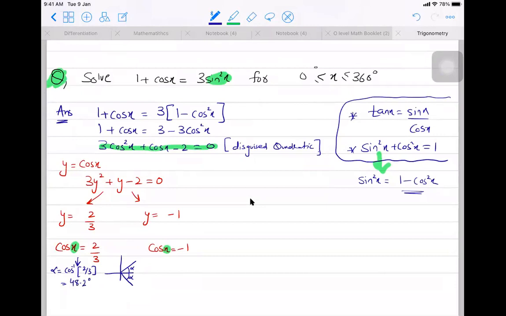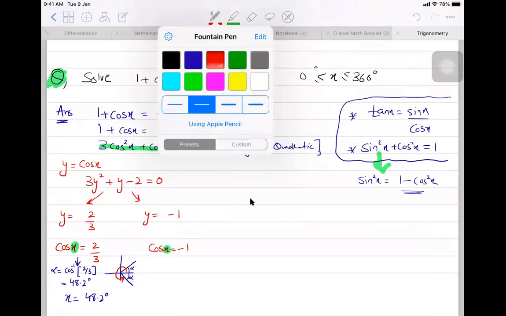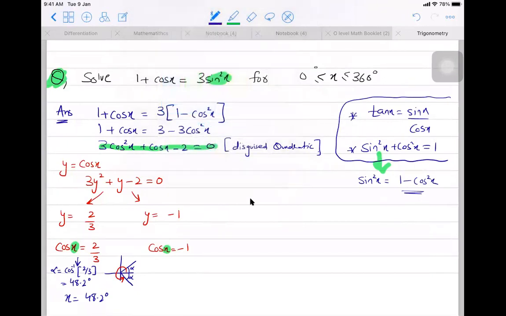So it's going to be 48.2. So one of the angles of x is going to be 48.2 and the other angle is going to be 360 minus 48.2 because it's the angle in the fourth quadrant. So 360 minus 48.2 is 311.8 degrees. These are the two values from cos x equals 2 upon 3.